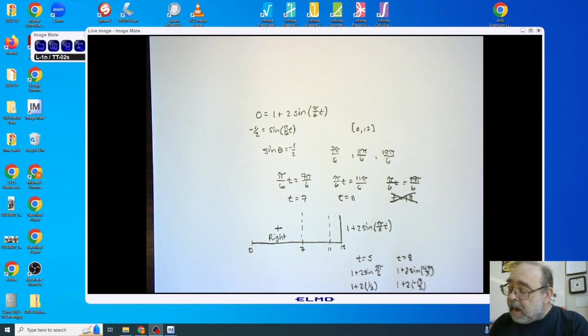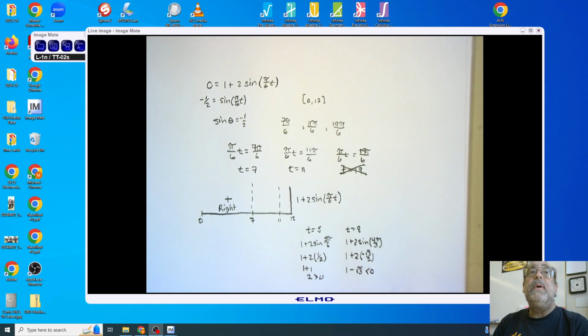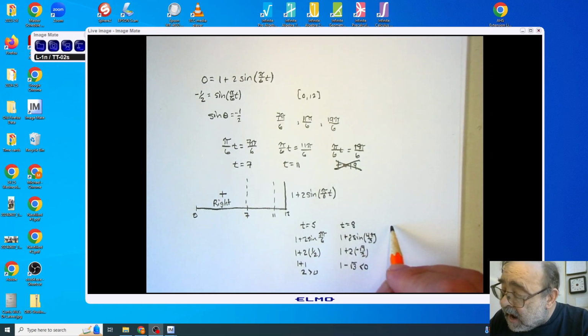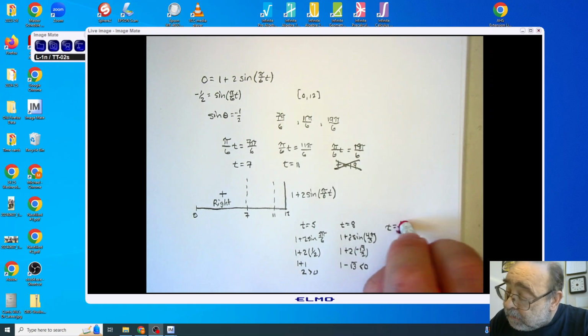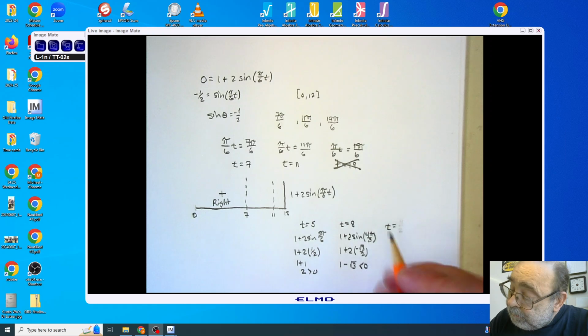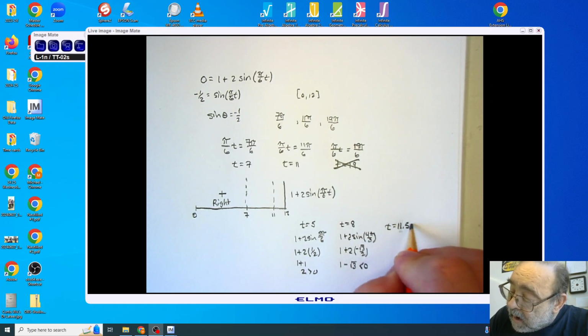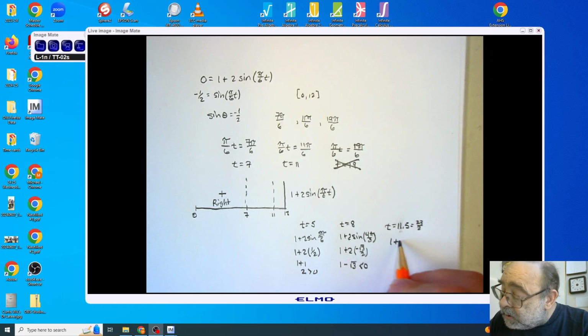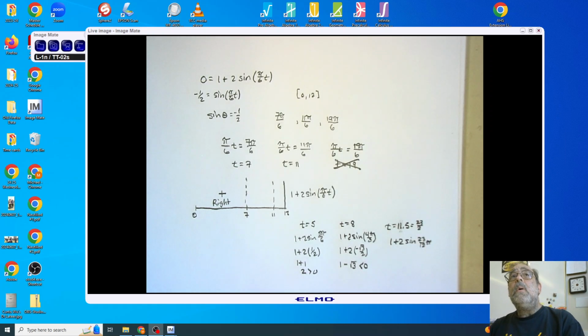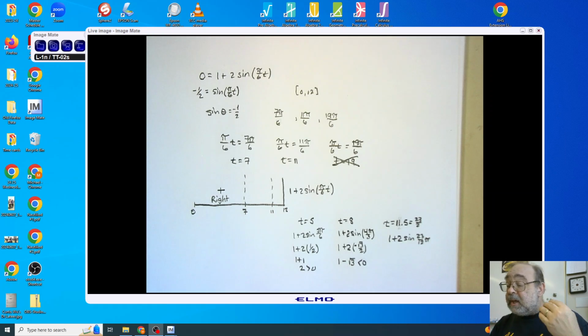Now the last thing I want to do is try one more test value. The last test value I'm going to do is 11 and a half. So t equals 11 halves, 11.5. Now that's going to give me 23 halves over 6, so I have 1 plus 2 times the sine of 23 twelfths pi. But what do I know? I know that 23 twelfths pi is somewhere in the third or fourth quadrant where sine is negative.